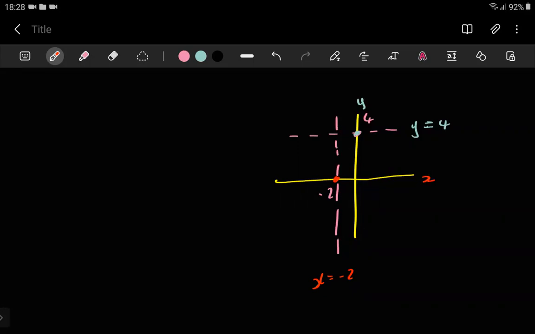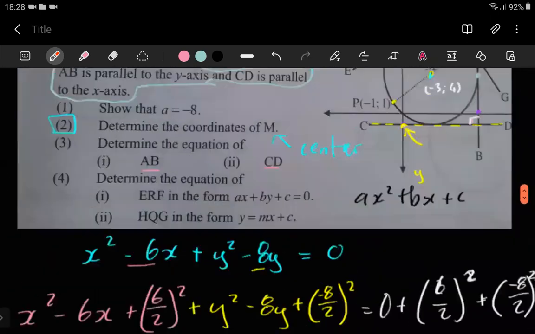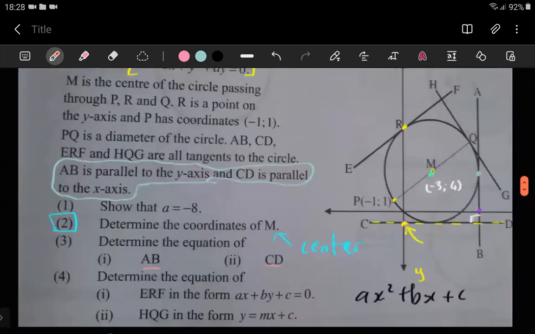So for this picture, with the lines CD and AB, it's the same idea. For CD, we need to find this y value. For AB, we need to find that x value.